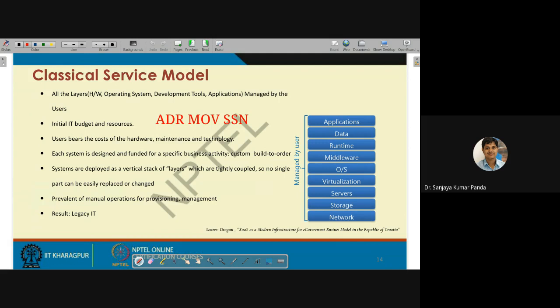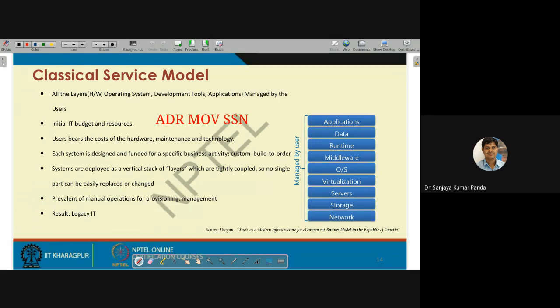What you have to do? Again, you have to pay the cost. And each system is designed and funded for a specific business activity. Each system is designed for a specific type of application. If the application is changed, then again you have to pay the cost. And systems are deployed as a vertical stack of layers.